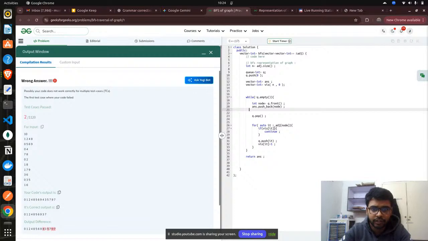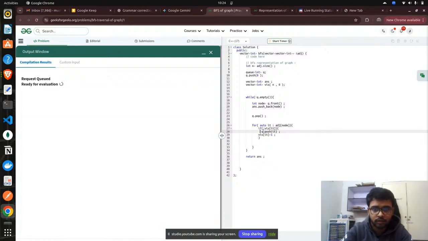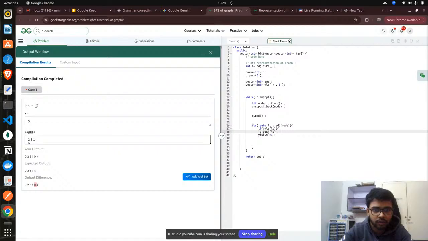If it's already visited, then continue. Copy, paste. Then the answer: not queue front, queue pop.